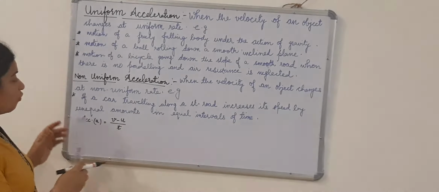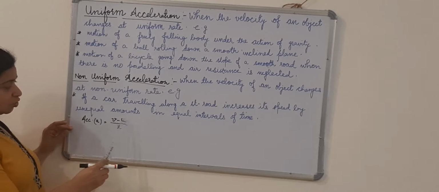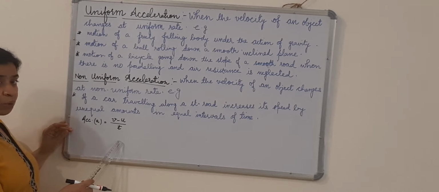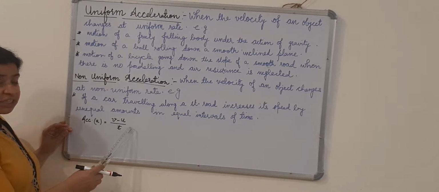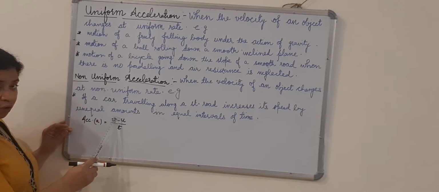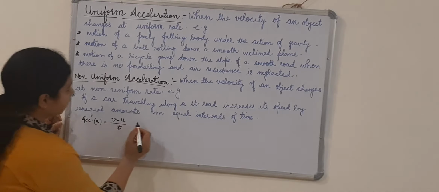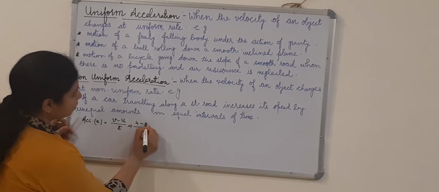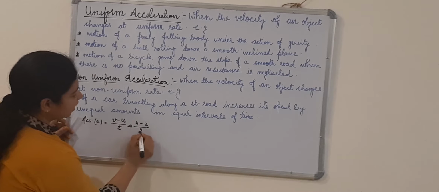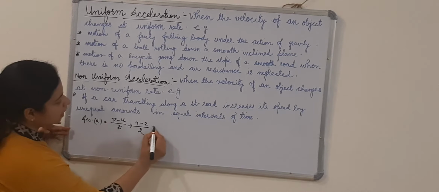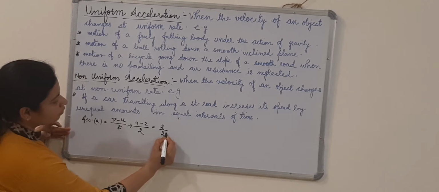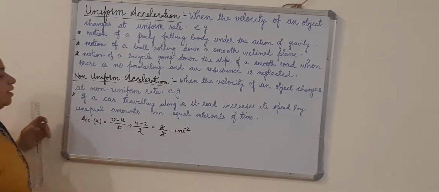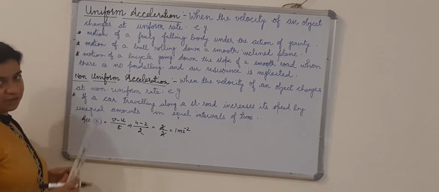So now 4 is your final velocity, 2 is your initial velocity, and the time taken to change the velocity from 2 to 4, suppose it is 2 seconds. So (4 minus 2) upon 2 is equal to 2 upon 2, that is equal to 1 meter per second square. This is how we get the acceleration.